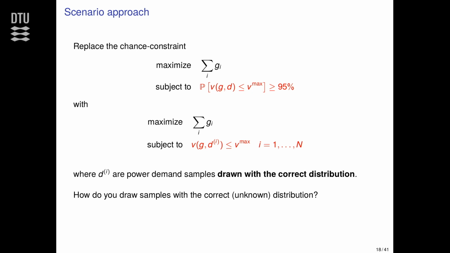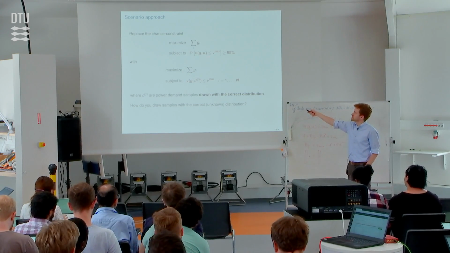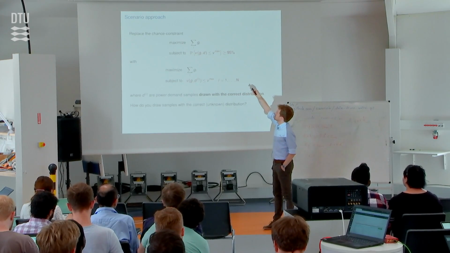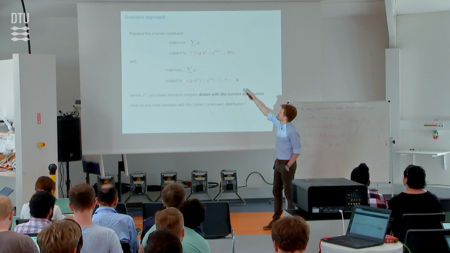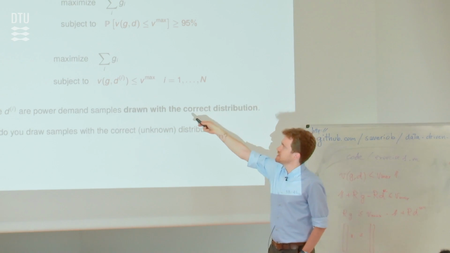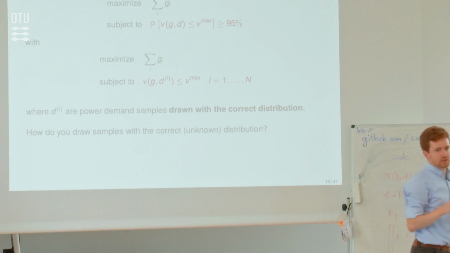The scenario approach that you've already seen a little bit has at its core the following operation. Instead of this chance constraint, so the probability of the voltage violation being smaller than 5%, or the probability of satisfying the constraint larger than 95%, you replace it with a large number of deterministic constraints, right?